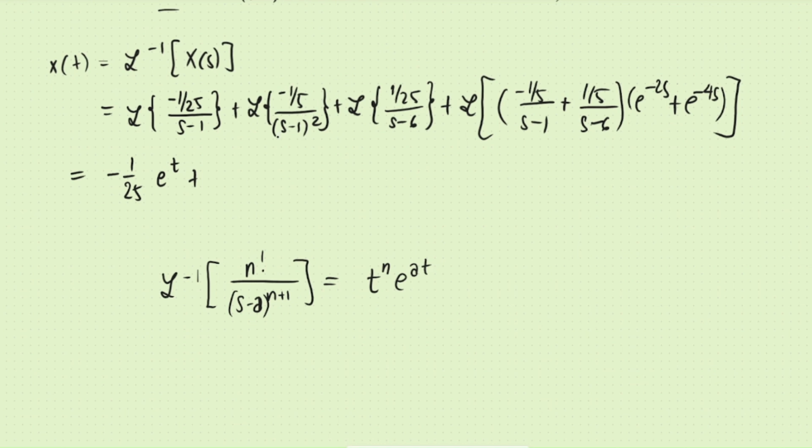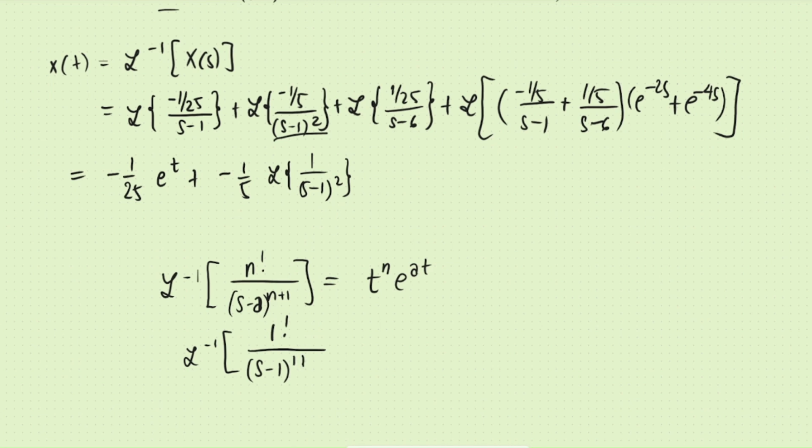So this one here, if this is our term, we can actually express this as, say we took out the negative 1/5 and we'll be left with the Laplace transform of just 1 over s minus 1 squared. So we can express this into this form: 1 factorial over s minus 1 to the n plus 1, which is 2.